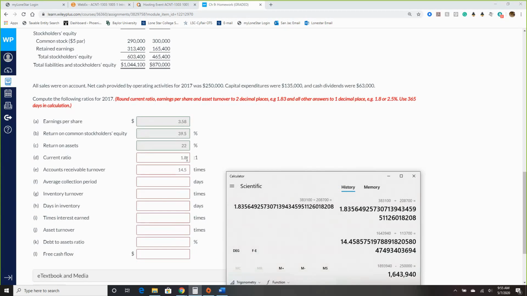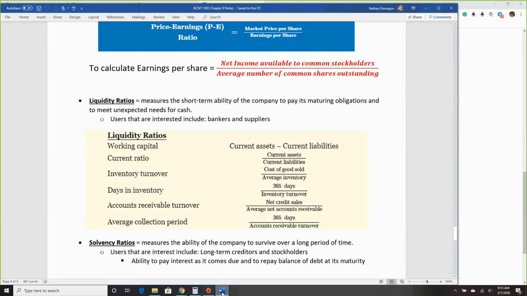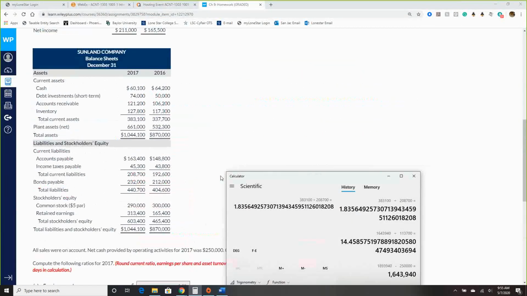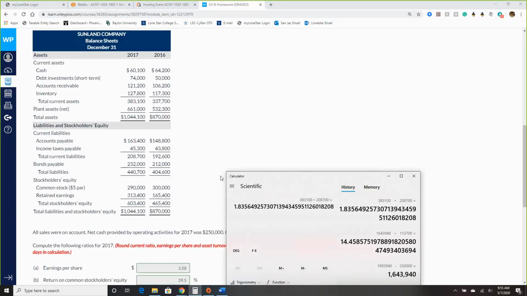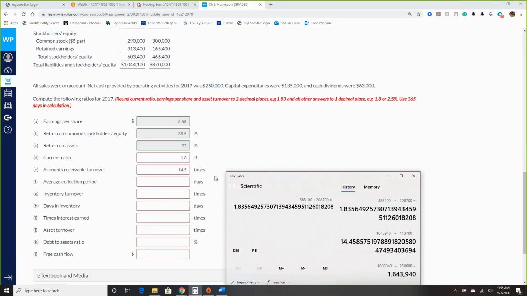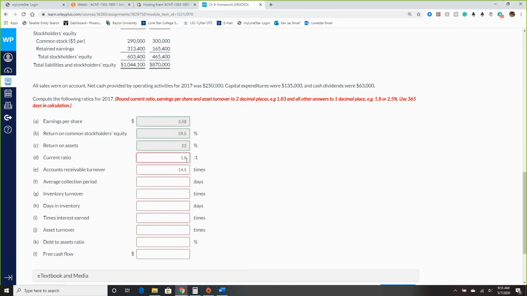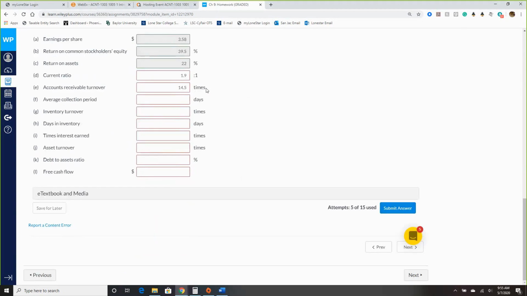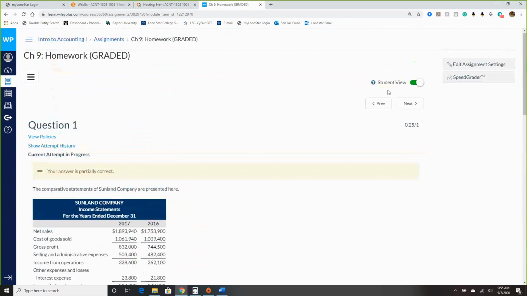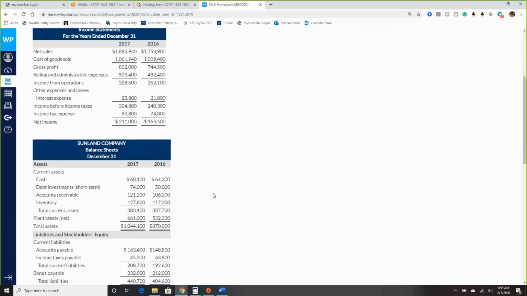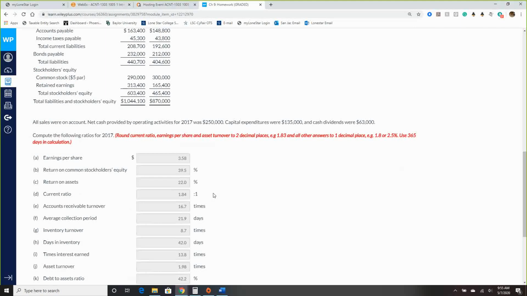That's a little odd. Current assets divided by current liabilities. We did that. I don't know why it's not being faithful there. Okay, I want to switch. So that one actually says current ratio to 2 decimal places. That's what's wrong.